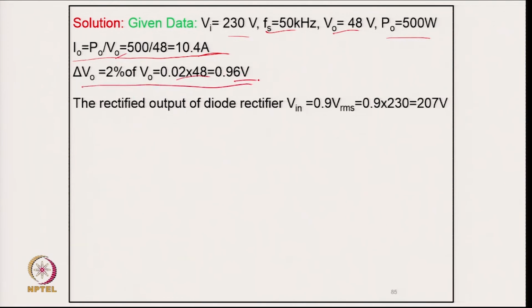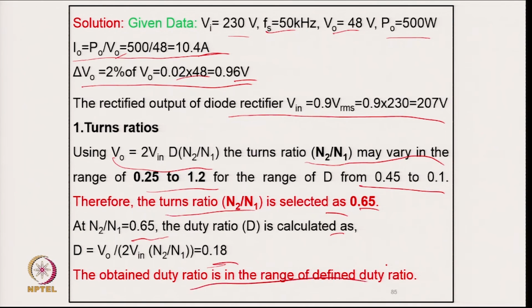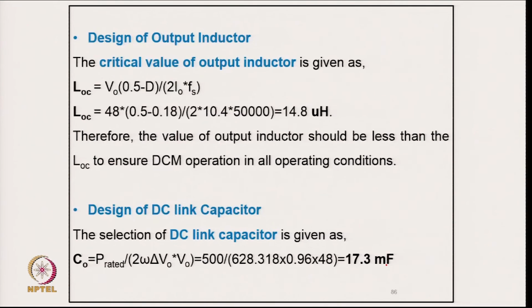So, it comes 0.96 volt, and the rectified input is 0.9 times 230, that is 207. So, from this relation of V0 equal to 2 N2 upon N1 Vin into D, we have to find out the turns ratio, which may vary from this to this. So, if D is allowed to change from 0.45 to 1, the turns ratio is selected typically 0.65. So, once you have 0.5, you can find out the duty ratio 0.18 and obtain the duty ratio in the selected range.